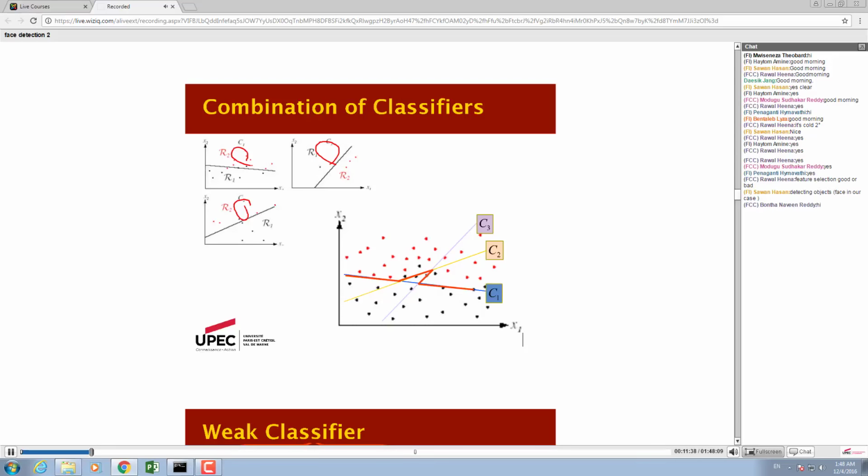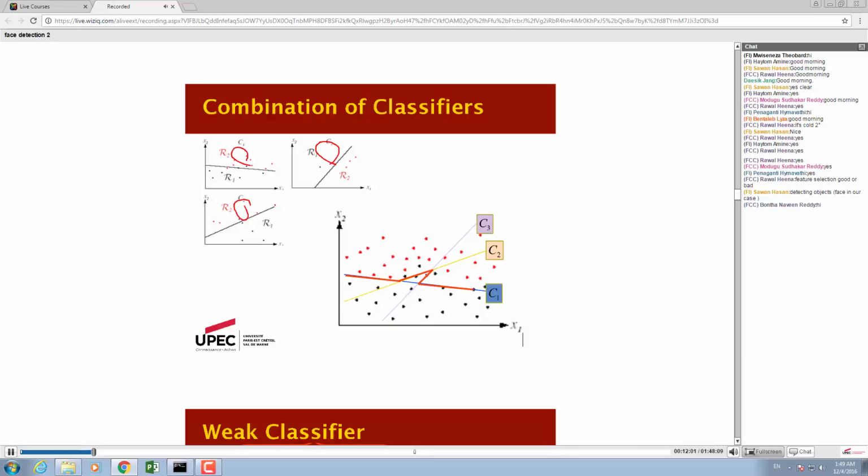One simple classifier has a very simple rule: less than one value, face; larger than that value, non-face. It is very simple and straightforward, but not very accurate.